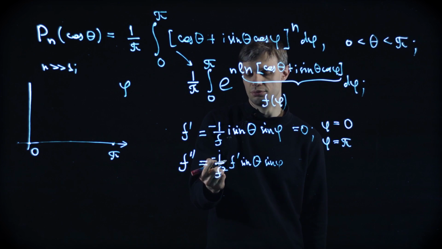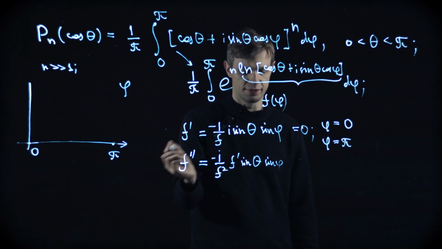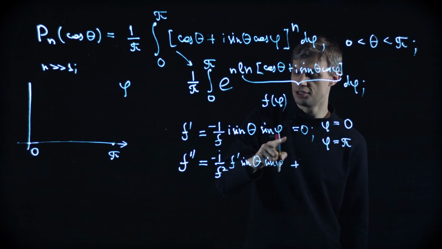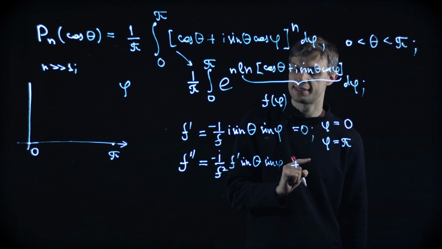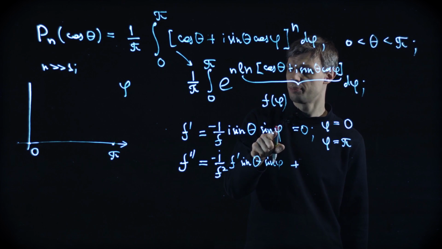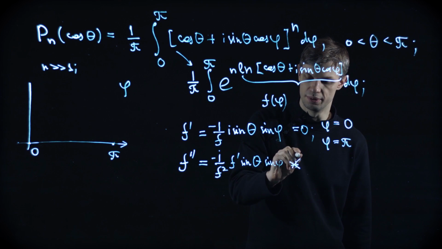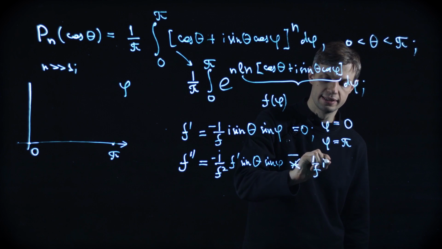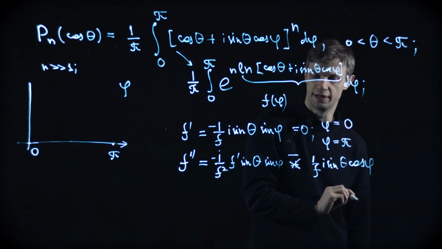This thing is 0, because sine phi is 0 and f prime is 0, so it's irrelevant. But there is an additional term coming from the differentiation of the numerator of this expression, the term proportional to cosine phi with negative sign. Sorry about the sign, it should be minus here: minus 1 over f i sine theta cosine phi.